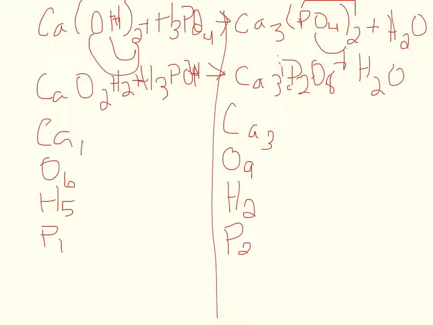So to do this, being there is a 1 next to the Ca on the left and a 3 next to the Ca on the right, we can multiply the Ca on the left by 3, so that would mean putting a 3 next to the left of this first Ca, and that would mean distribute as well.